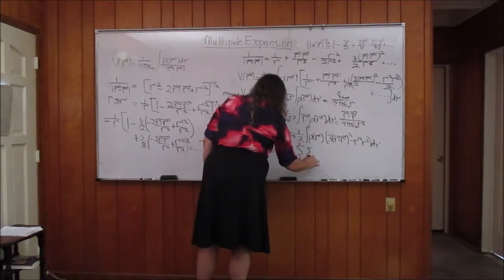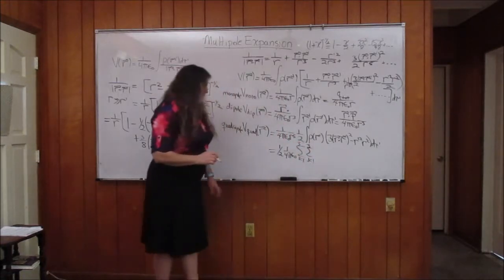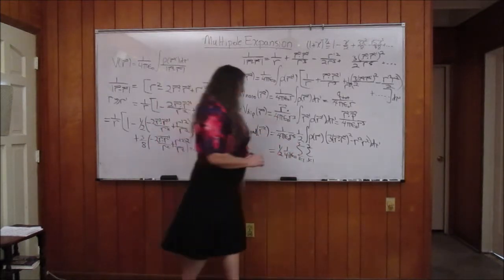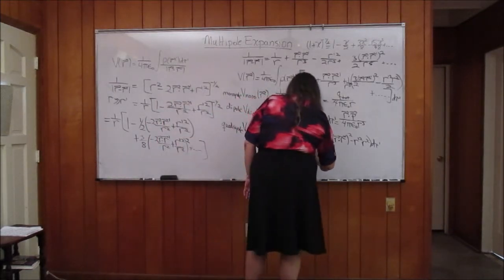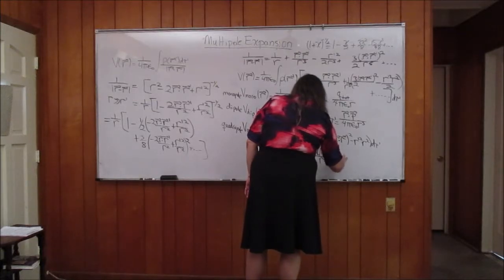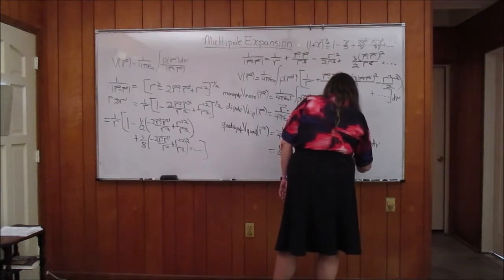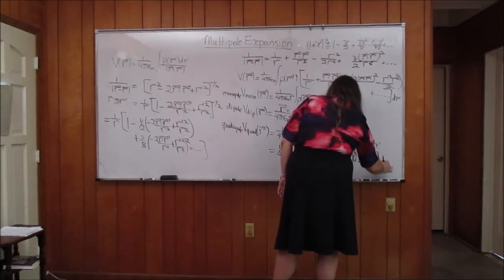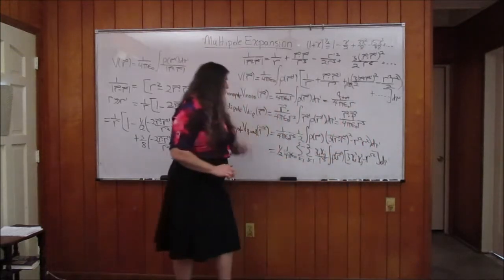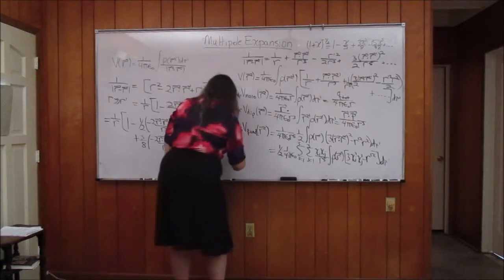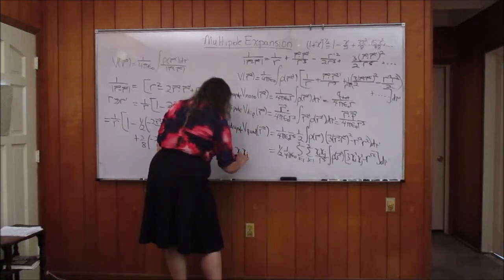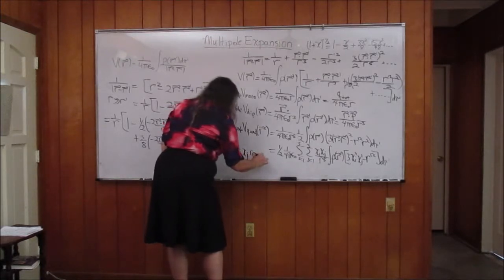Or a tensor, I should say. And basically this is equivalent to a double summation over xi, xj over r to the 5th. xi and xj represent Cartesian coordinates, x, y, and z.